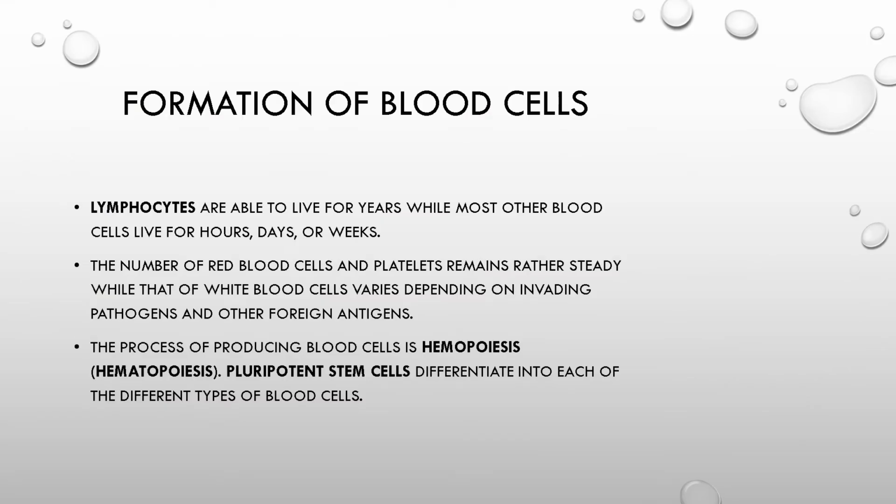Now, although some lymphocytes have a lifetime measured in years, most formed elements of blood last for only hours or days, sometimes weeks, and these formed elements of blood have to be replaced continually. Lymphocytes, these are a type of white blood cell.